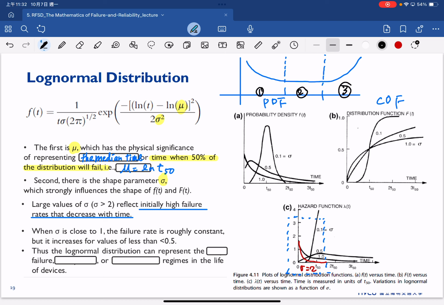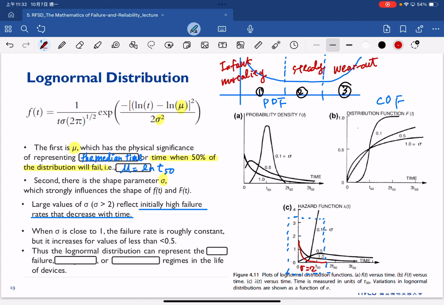The first one is the situation we call infant mortality. The second one is what we call the steady state. And the third one is what we call wear out.